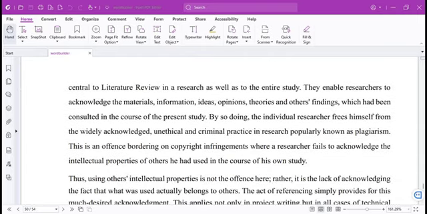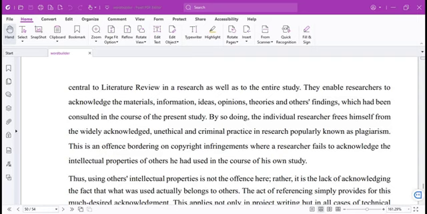They enable researchers to acknowledge the materials, information, ideas, opinions, theories, and others' findings, which had been consulted in the course of the present study. So it helps to acknowledge all those materials, information, and ideas from other people that also help you to do your own work. By so doing, the individual researcher frees himself from the widely acknowledged unethical and criminal practice in research, popularly known as plagiarism.